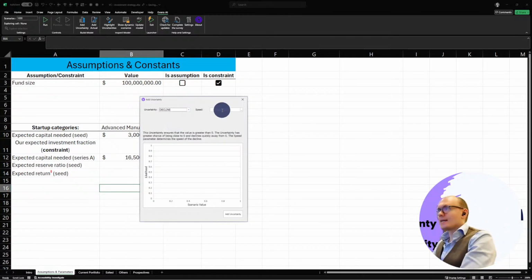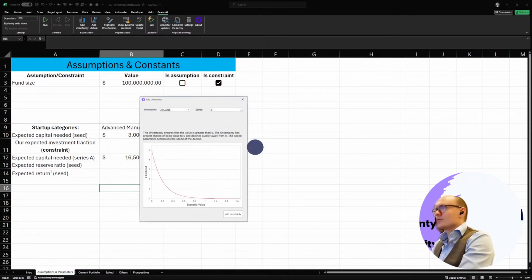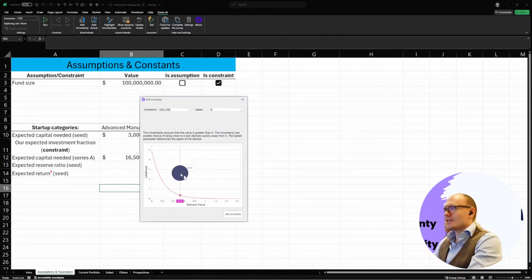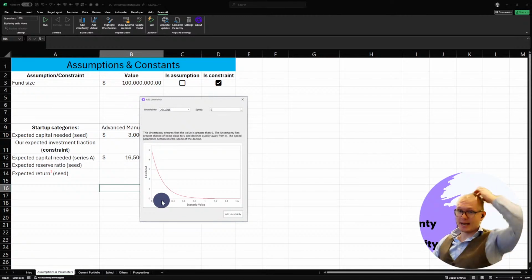Decline is exactly that. So you can see here, I'm just going to put in a random number. You can see this has the exact kind of shape that we're looking for. But then again, it starts with 0, so it's not exactly that, but we'll get to how we might manipulate this in a second.